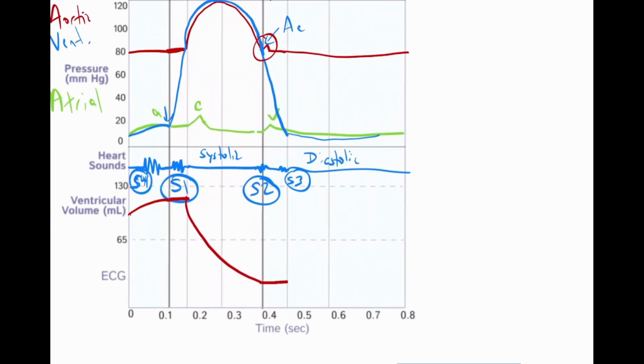Isovolumic relaxation. So isovolumic, there's no changes in volume because all the doors are closed. Then we go to filling, and the whole cycle starts up again. We fill back up.